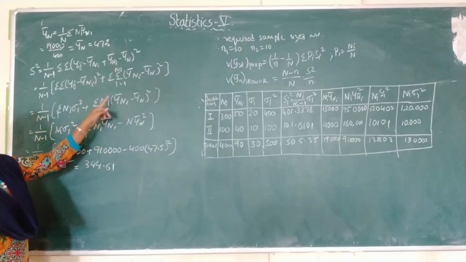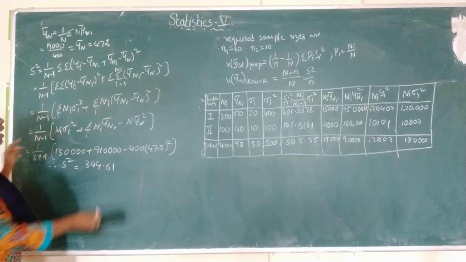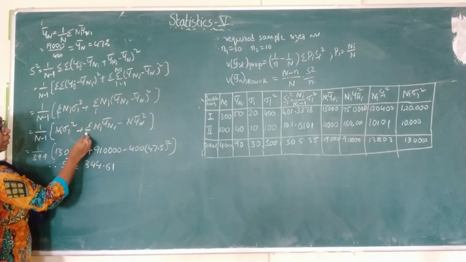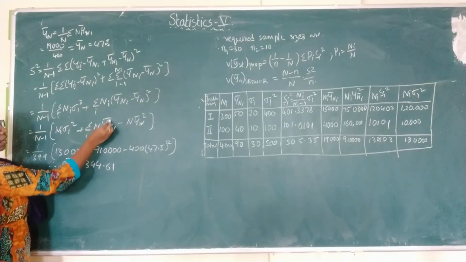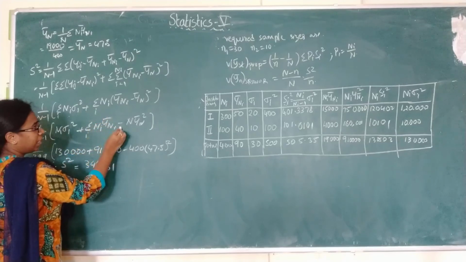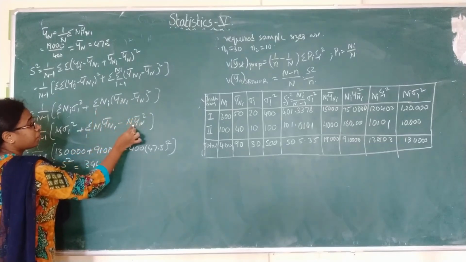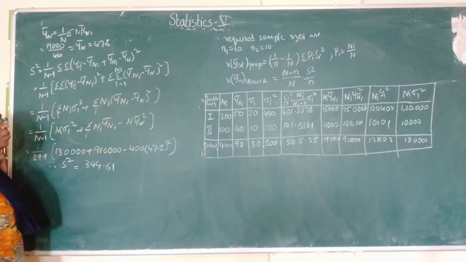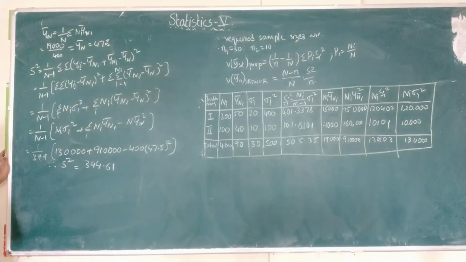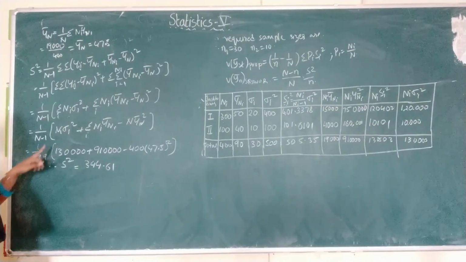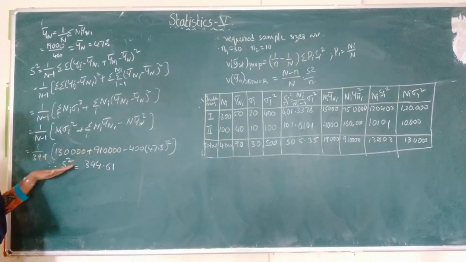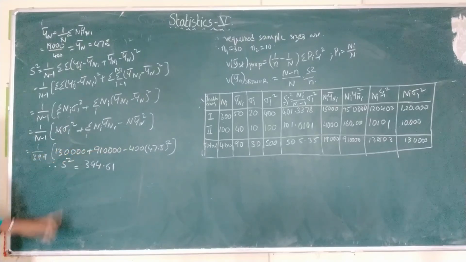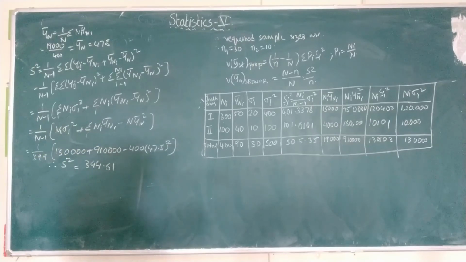So in place of summation over j, I took Ni and multiplied, and inside you will get summation over i Ni Yi bar square minus n into Y bar square. So now we got the equation. Now substitute all the values. N minus 1 is 400 minus 1, 399. Substitute all the values from the table. You will get the s square value as 344.61. So this is the s square value.